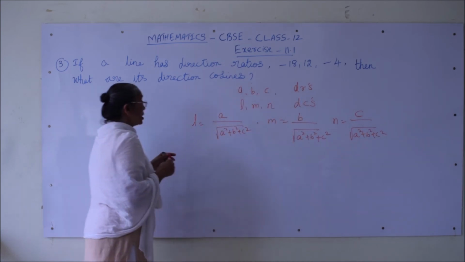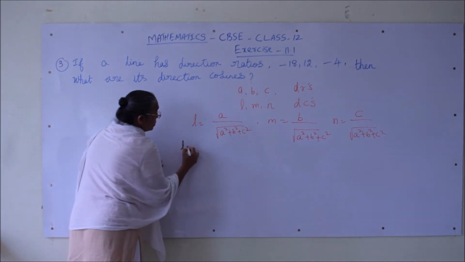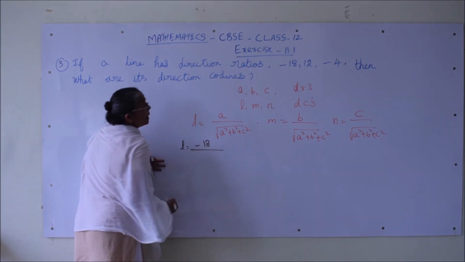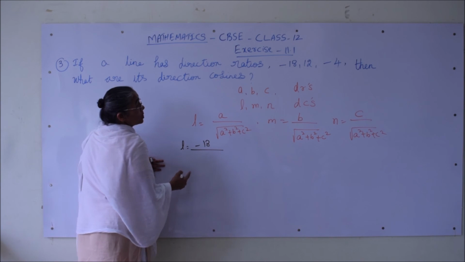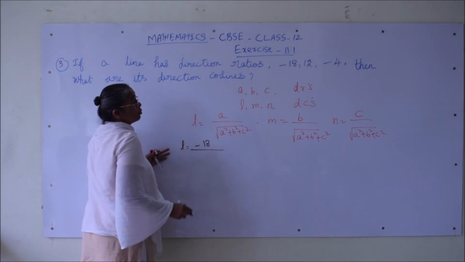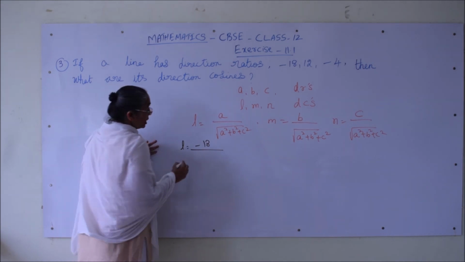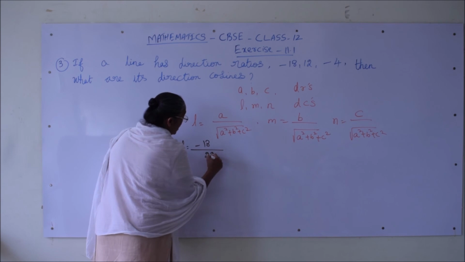Using this formula our direction cosines are: L is equal to minus 18 divided by root over minus 18 whole square, which is 324, plus 12 square, 144, plus minus 4 whole square, 16. Altogether the addition gives root 484, which is nothing but 22.